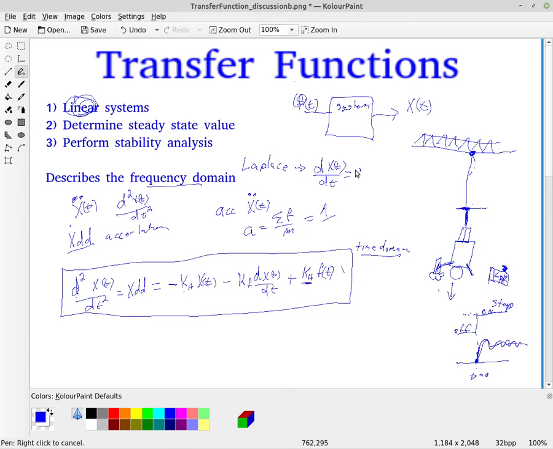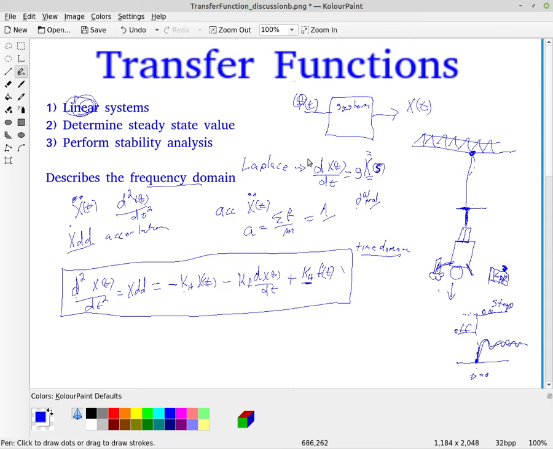So we use a variable s, and s basically refers to j omega, where j is the square root of -1 and omega is the radian frequency, the angular frequency, in units of radians per second. And so it's s times X of s. We use a capital X here, and it's a function of s now. It's a function of frequency.